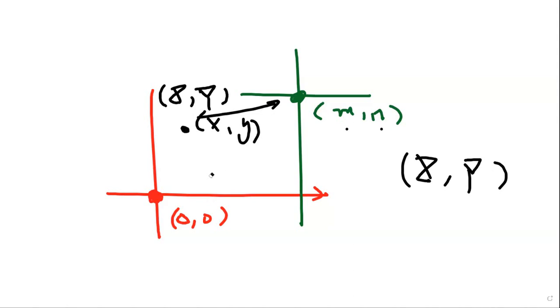Basically this is how to solve it. Your original point moves from 0 to MN.